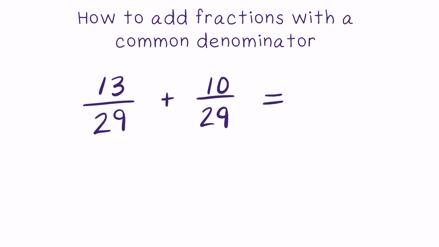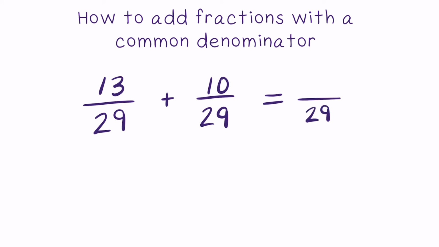In this example, we see 13/29 plus 10/29. So in the same way that we did with fourths, once we notice that the common denominator exists, each of the addends share the common denominator of 29, we know that we can carry that denominator to the sum.